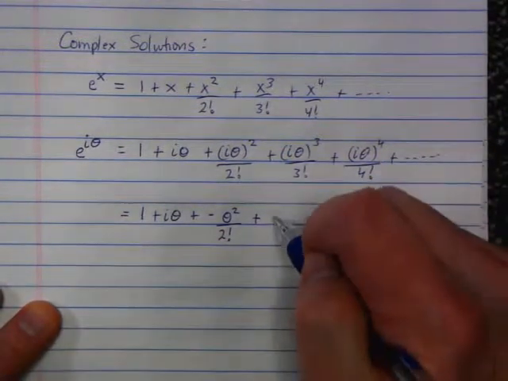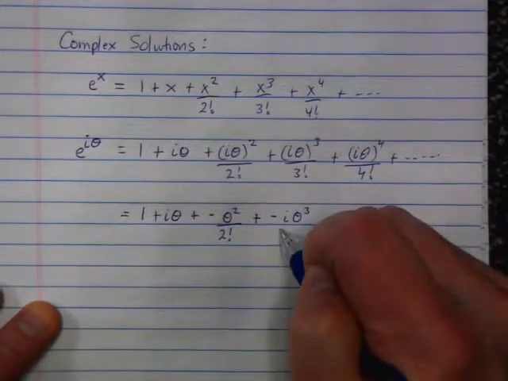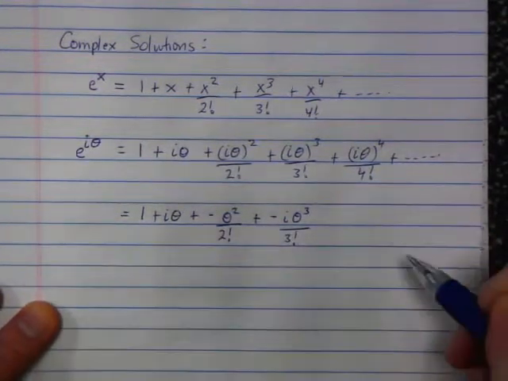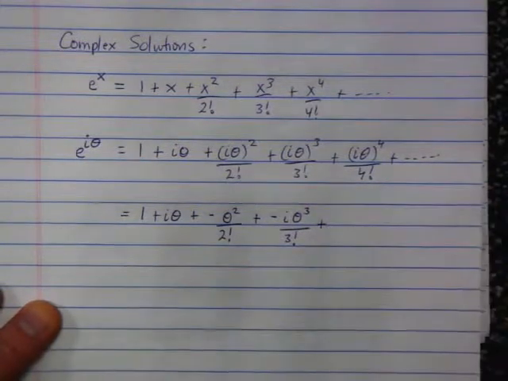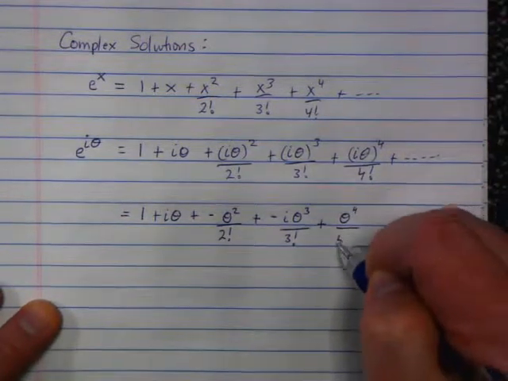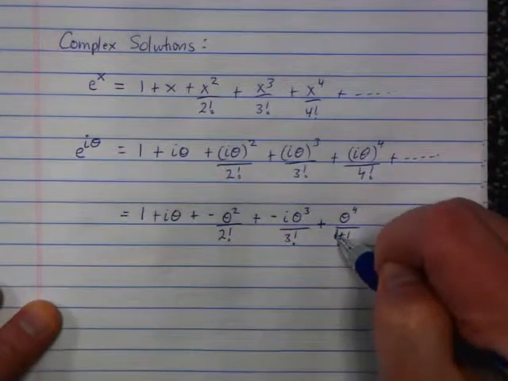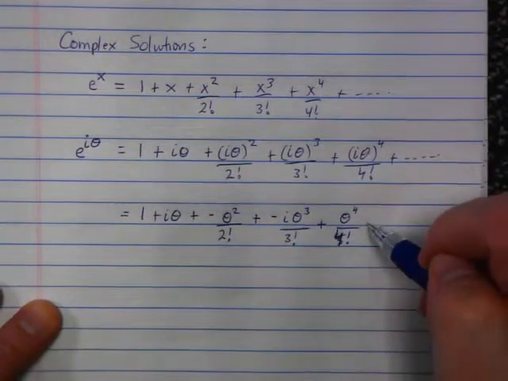So this one is negative i theta cubed over 3 factorial. Plus, what's i to the 4th? i to the 4th is 1. So this is theta to the 4th over 4 factorial. And I'm going to do 1 or 2 more.